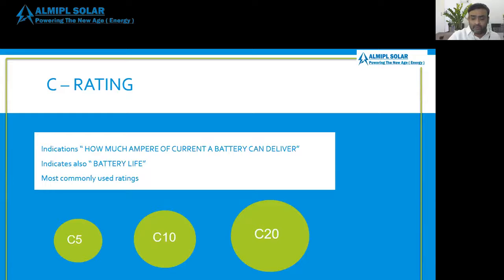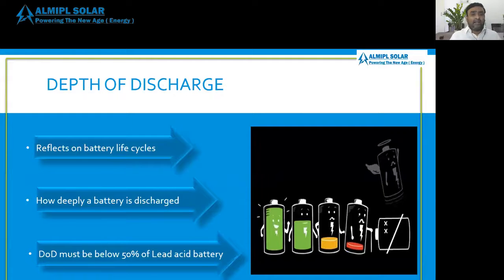Most commonly used is the rate. Depth of discharging is reflected in the battery life cycle. Depth of discharging is a very, very important factor for battery life. We will see how it is calculated, how deeply the battery is discharged. So depth of discharge must be below 50% for a lead acid battery.